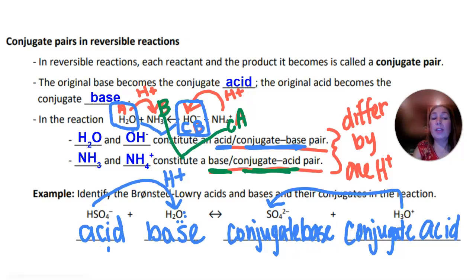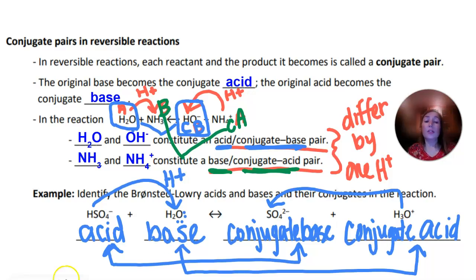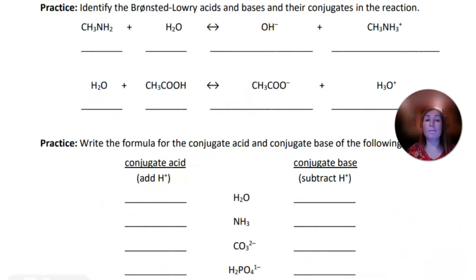We call HSO4 minus and SO4 2 minus an acid conjugate base pair. And then we call water with H3O plus a base conjugate acid pair. So they're paired up like this, an acid with its conjugate base, a base with its conjugate acid.